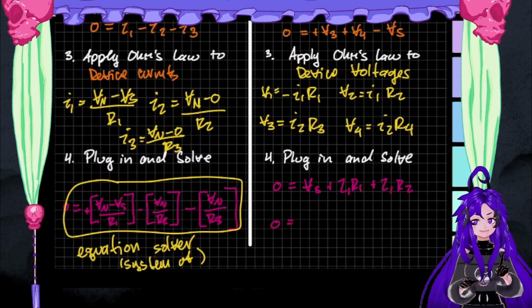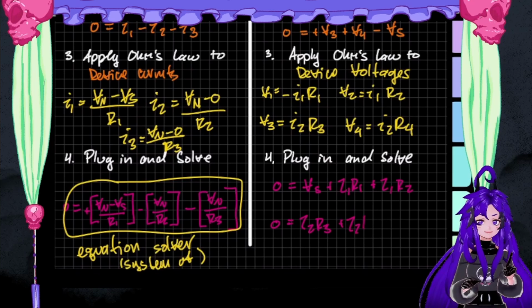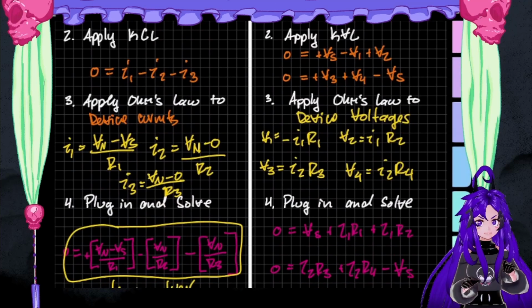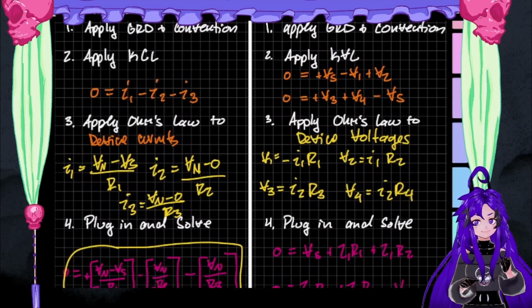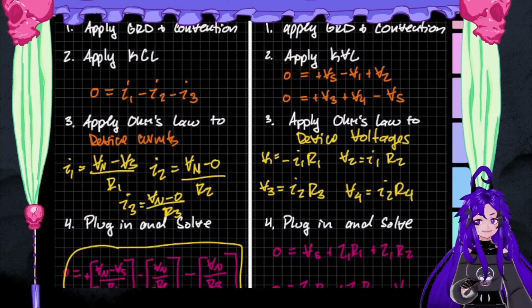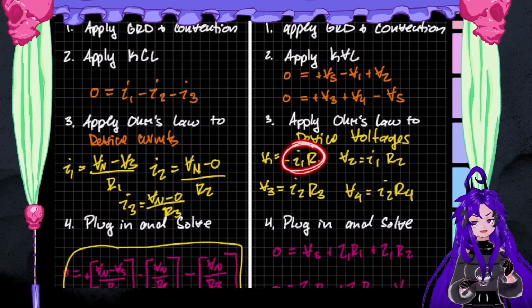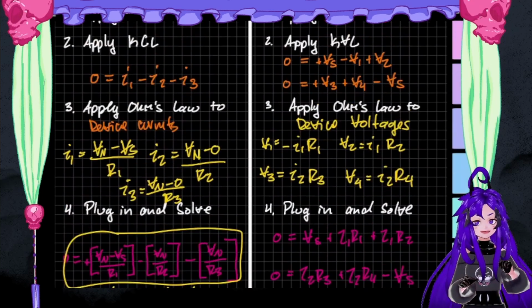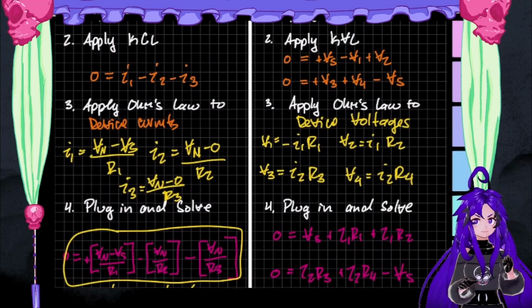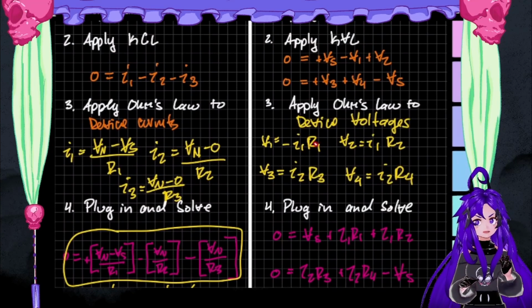Then we're going to have I2 R3 plus I2 R4 minus V source, right? We're following the signs set out by our equations and our Ohm's law equations, right? So we have a negative V1, but V1 also has a negative inside of it, so it cancels out to become positive, right? So we have to keep those in check.